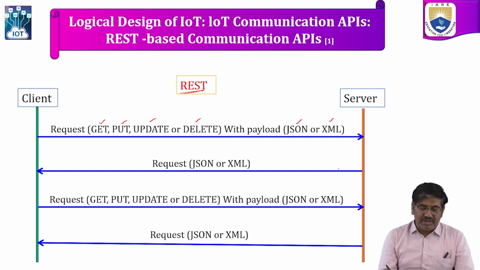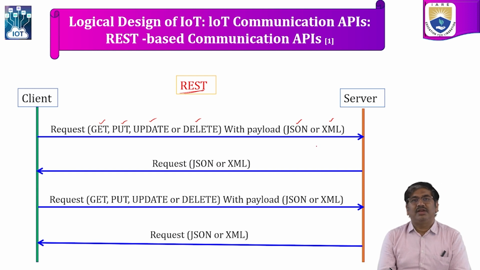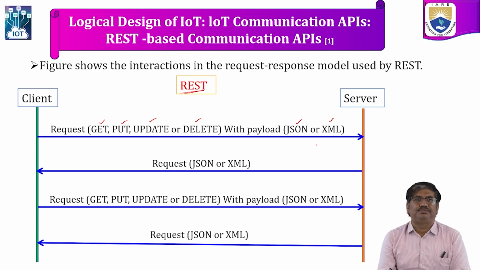Then the server will send a response in JSON or XML. Again, the client can make one more request like GET, PUT, UPDATE or DELETE with a JSON or XML payload. Then the server will send the response in JSON or XML.